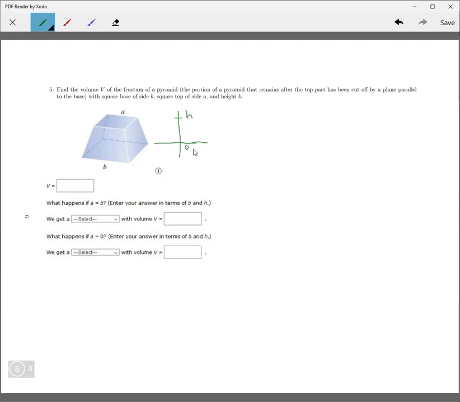Going from 0 to h, you want to integrate the cross-sectional area as you go from 0 to h. Okay. Now, here's what I'm going to do. The length of a side acts linearly as we go up in y, as we increase in y.